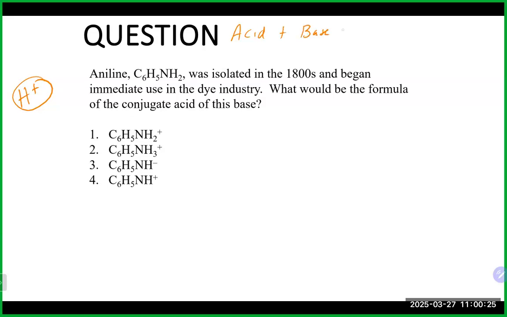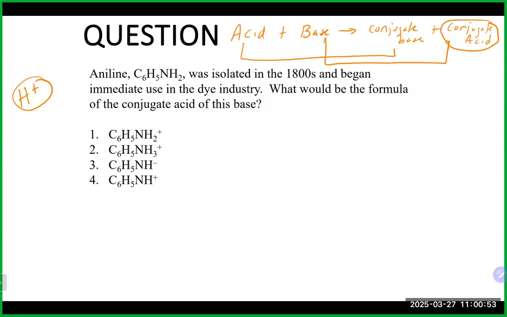So we have an acid and a base, and we have on the other side our conjugate base and our conjugate acid, right? And by the way, the acid and base just by themselves on the left-hand side of the arrow are your conjugate partners, always on the right-hand side of the arrow. So in this particular case, we're looking for the conjugate acid, which is over here.